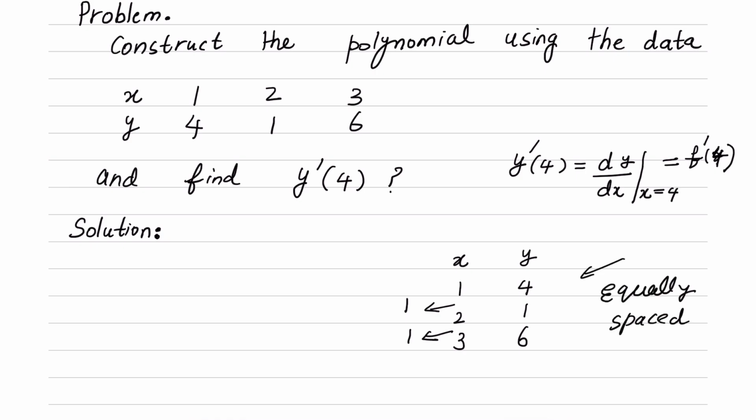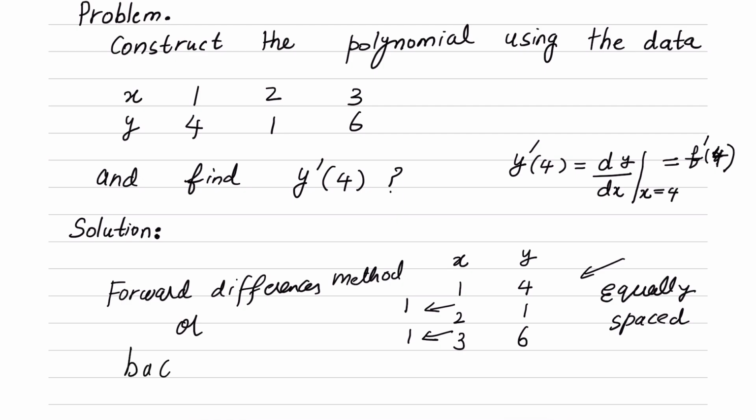So now we have a choice to use either the forward differences method or the backward differences method to construct the polynomial. To decide which method we shall use, look at this y dash at 4. This y dash, the derivative of the function y, needs to be calculated at x equal to 4.